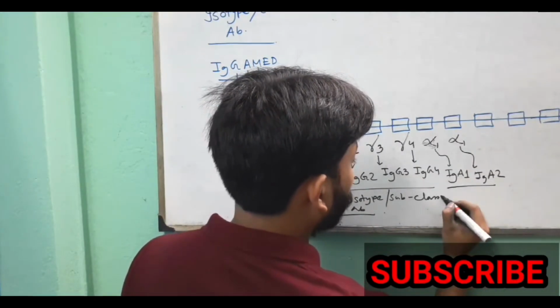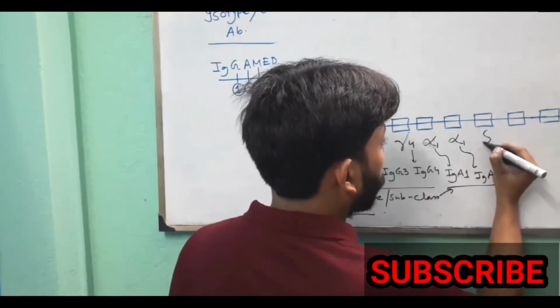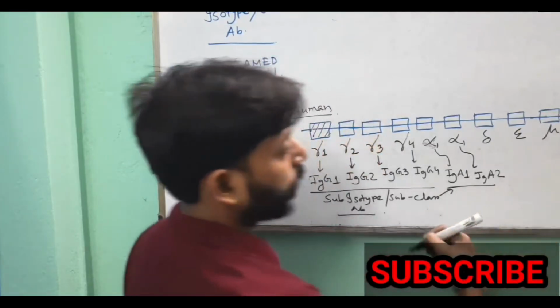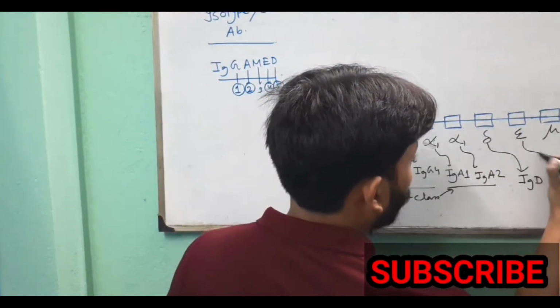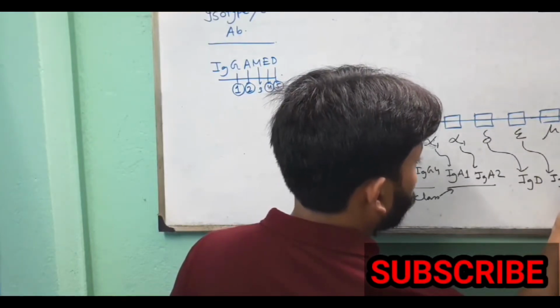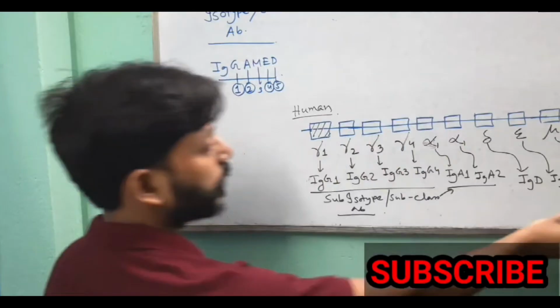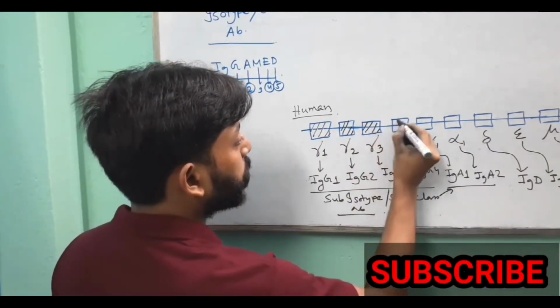This is also the subclass, and there should be delta, epsilon and mu. From this delta it will produce IgD, from this epsilon it will produce IgE, and from mu it will produce IgM. So these are all encoded in our genome in different gene segments.